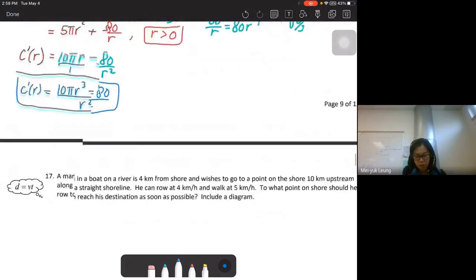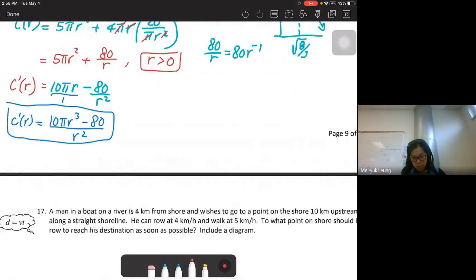Now to find the critical numbers, we find the zero of the numerator. So 10 pi r cubed equals 80, and r cubed equals 80 divided by 10 pi, that's 8 over pi.